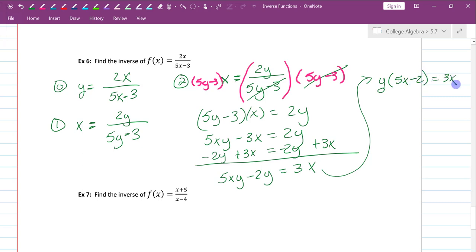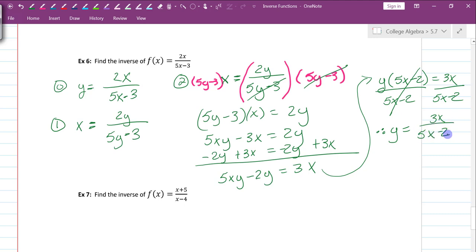Now my y is connected to the 5x minus 2 through multiplication, so I can use division to separate them. What I do to one side, I do to the other side. Those cross out, and I have, therefore, y is equal to 3x divided by 5x minus 2.